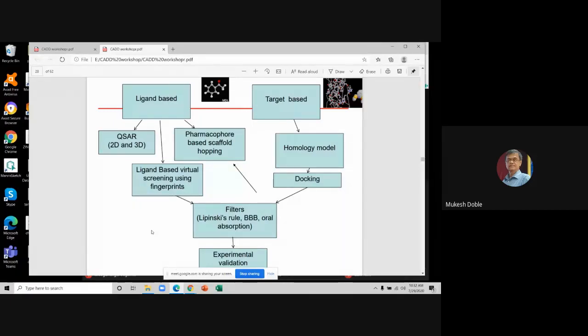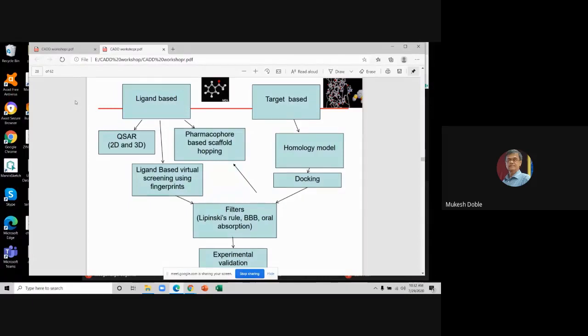In the pharmacophore-based approach, we look at some of the molecules which have been reported for some activity. It could be molecules for inflammation towards an enzyme or anti-cancer towards a particular target. Then we try to find out what are the pharmacophore features which are common to the molecules.